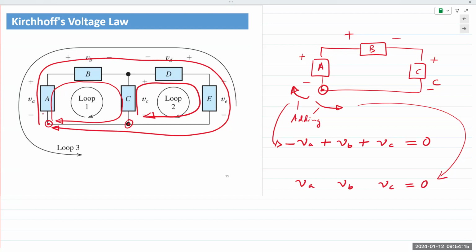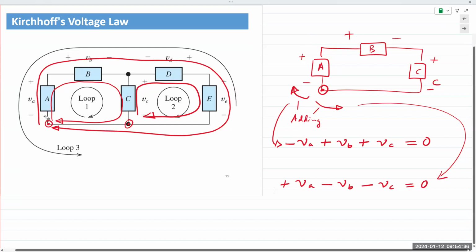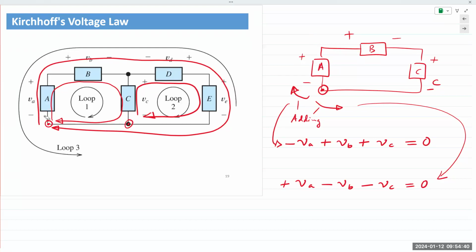So I will put down a minus in front of C. Then I encounter the negative end of B. So I'm entering through the negative end. I put down a minus in front of VB. And then finally, VA, I'm entering through the top, positive, plus VA. So again, plus VA minus VB minus VC equals 0. Exact same equation, no difference.